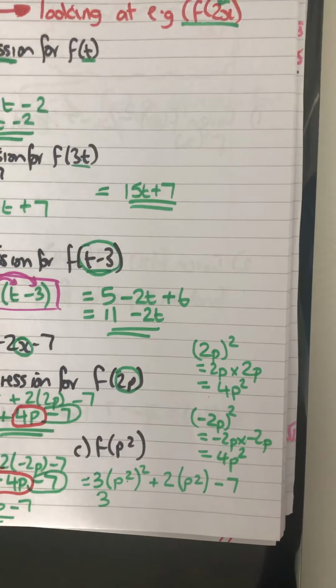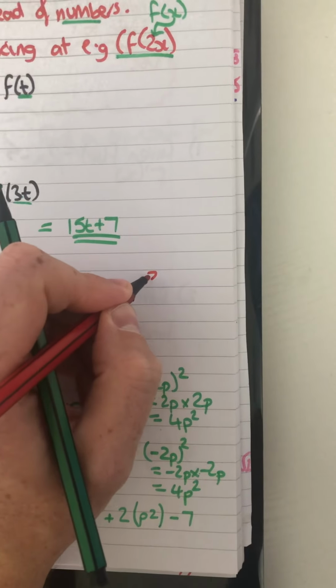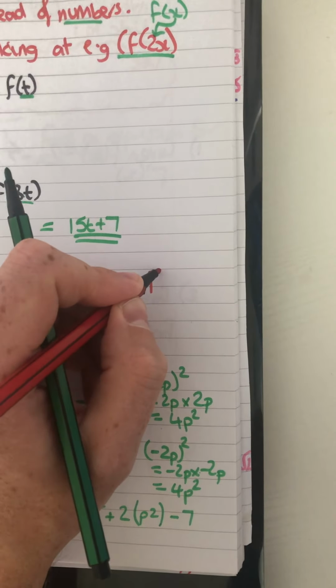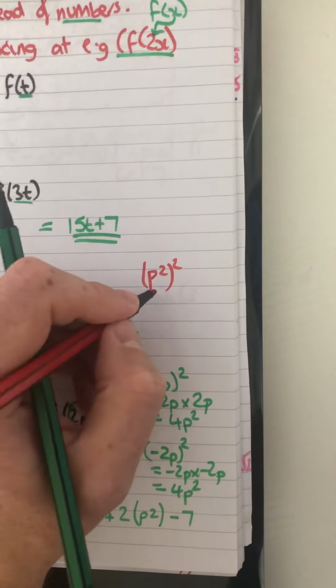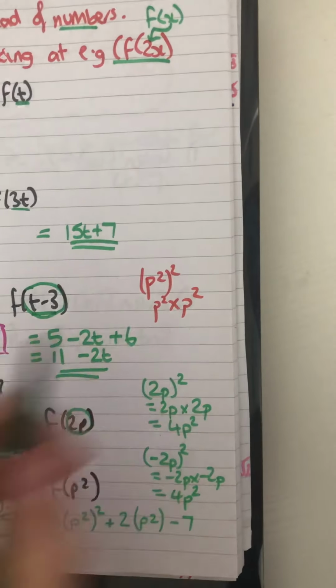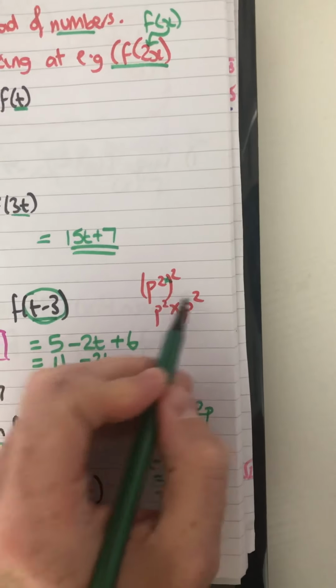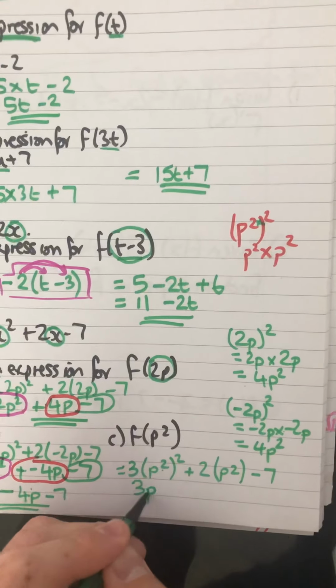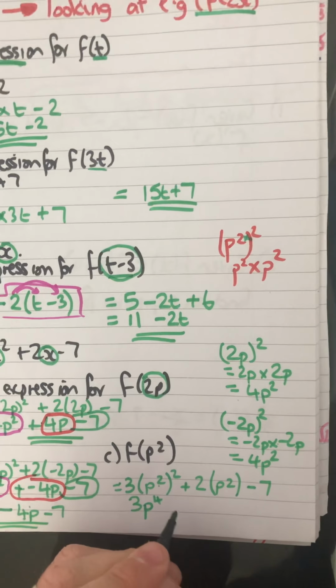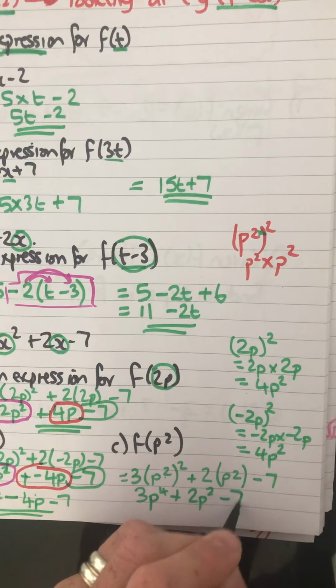Using the rule for powers, we've got p squared in brackets squared. That means p squared times p squared, because it's times itself. Well, what would you do? You could multiply those quickly, or you can add the powers together, which is p to the power of 4. Plus 2 times p squared is 2p squared, and then minus 7.